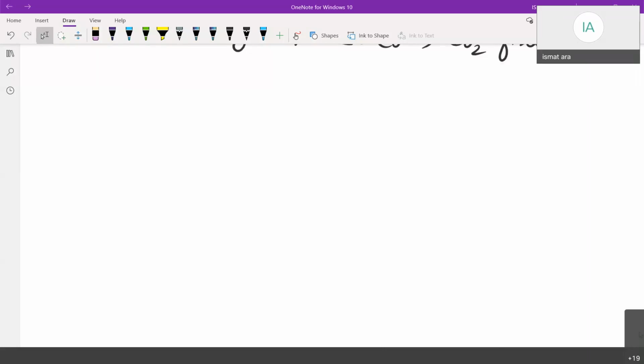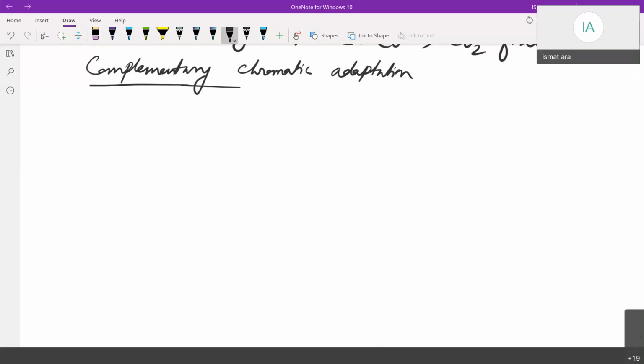Now, the next phenomenon is complementary chromatic adaptation. Now, what is this, student? This phenomenon is called the Gaidu-Cobb phenomenon.